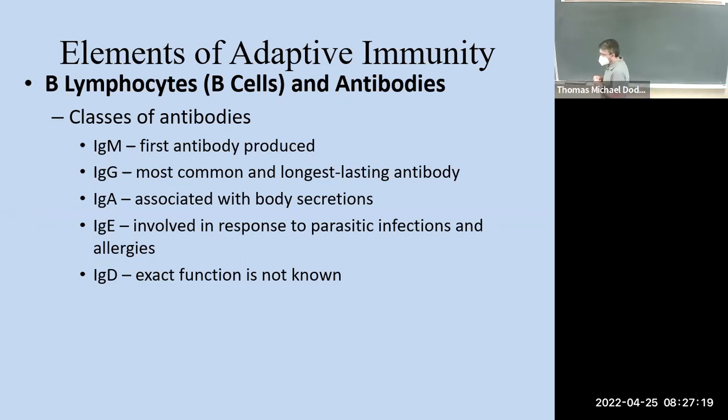Now, can y'all think of a really cool body secretion where having an immune antibody system excreting out with that secretion would be a good thing? Yes, I'm saying it that way just to see if y'all can catch what I'm talking about. Sweat. Okay, maybe. But where is it most beneficial that someone excretes an antibody?